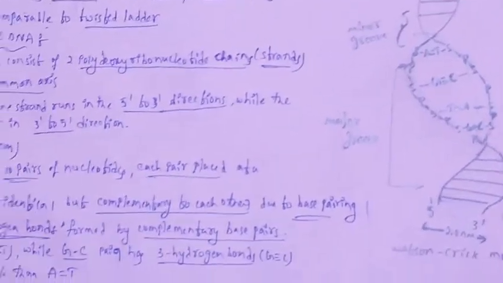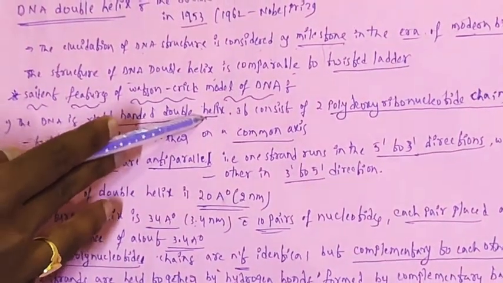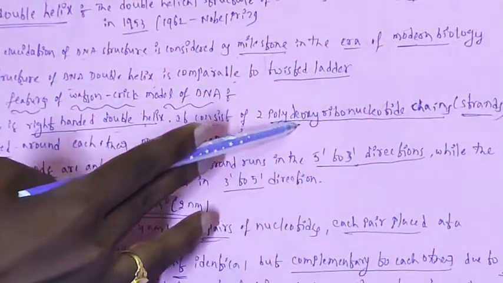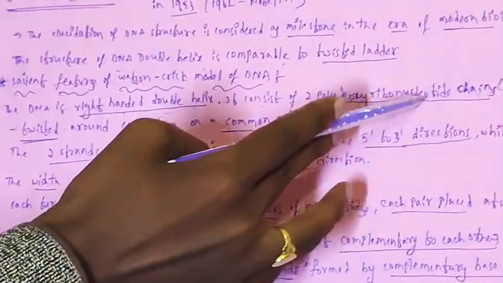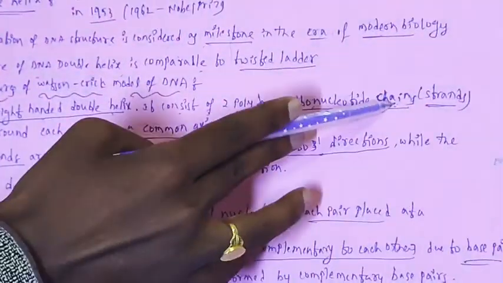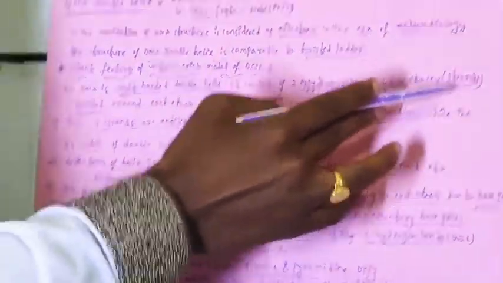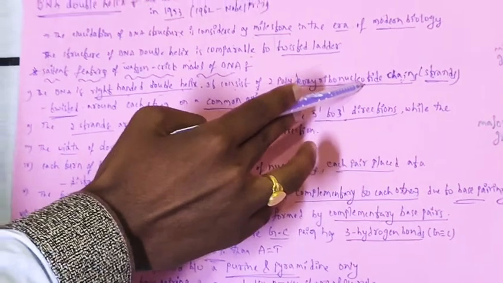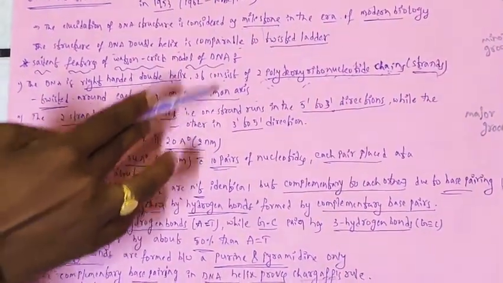In double helix form, you see here the DNA is a right-handed double helix. It consists of two polydeoxyribonucleotide chains, meaning two chains having many deoxyribonucleotides. These are two strands twisted around each other on a common axis.